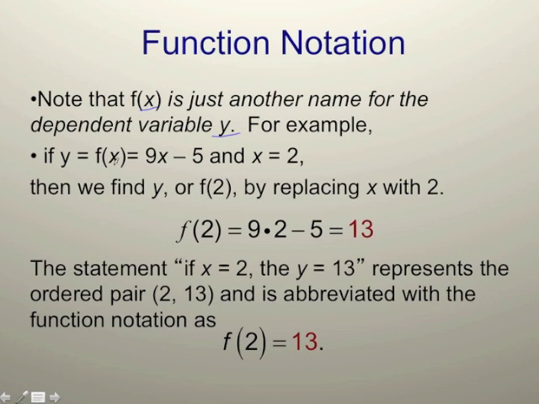If we said y equals f of x equals 9x minus 5, and then we said x is 2, then we can find y, or f of 2, by replacing x with 2. So f of 2 is 9 times 2 minus 5, 13. The statement if x equals 2, then y equals 13 represents an ordered pair, (2, 13), and is abbreviated with function notation. f of 2 is 13.